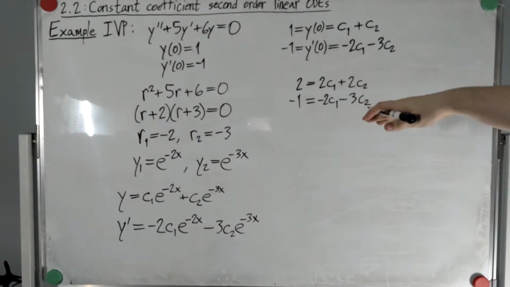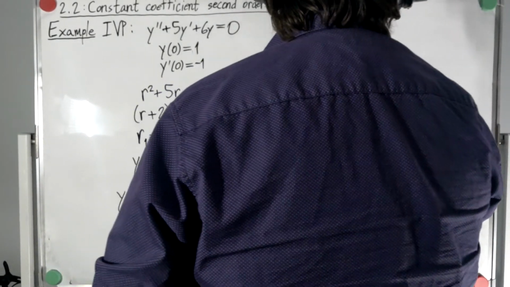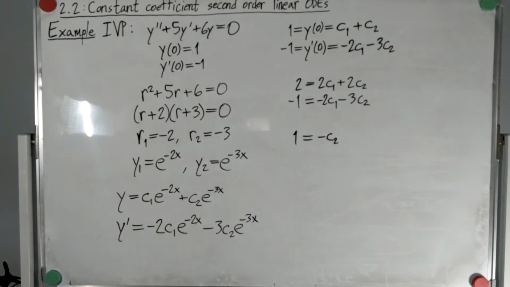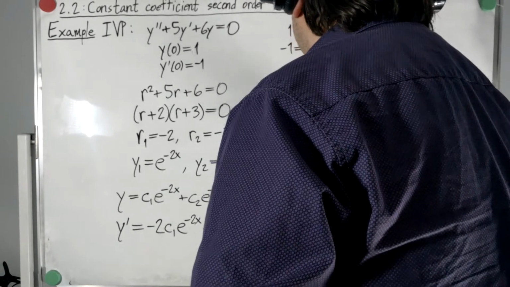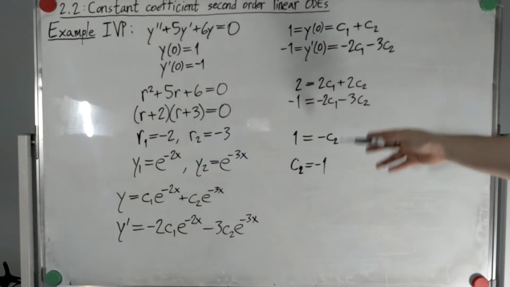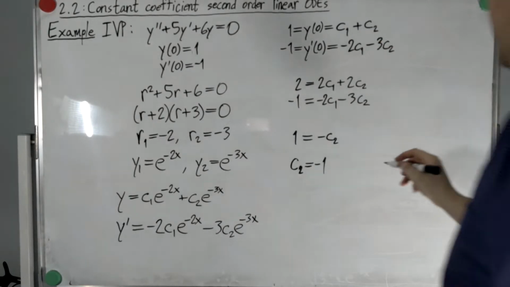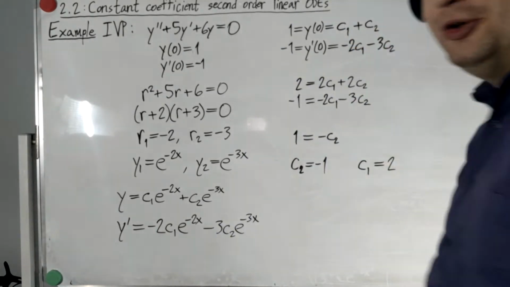The c1s will cancel, and we'll get 1 equals -c2. All right, in that case, c2 has to be -1. And then if c2 is -1, then that means that c1 has to be, not 1, 2.